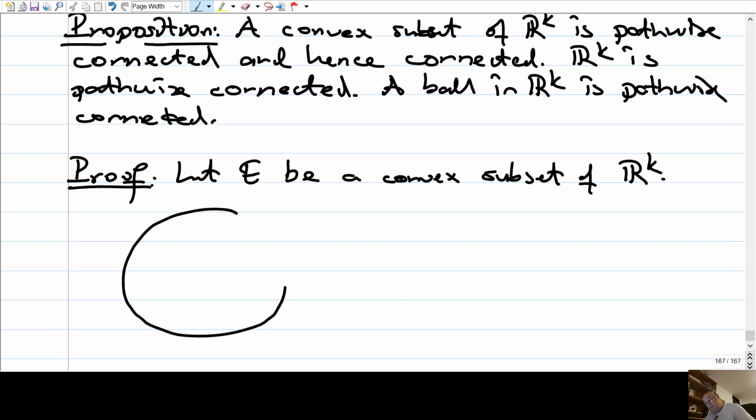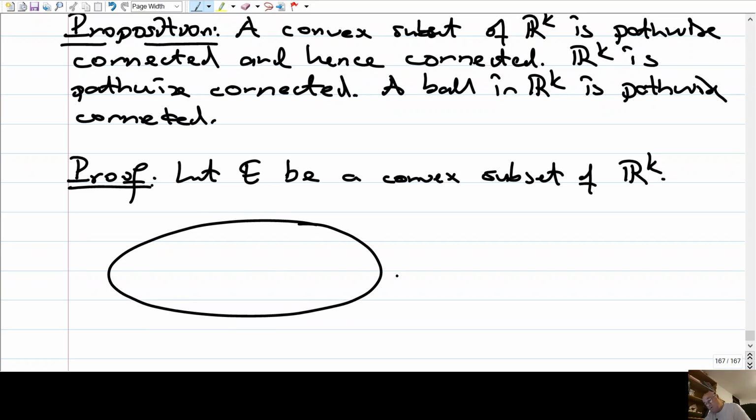Whenever you take 2 points, the line segment joining these two lies inside E. So this is convex.